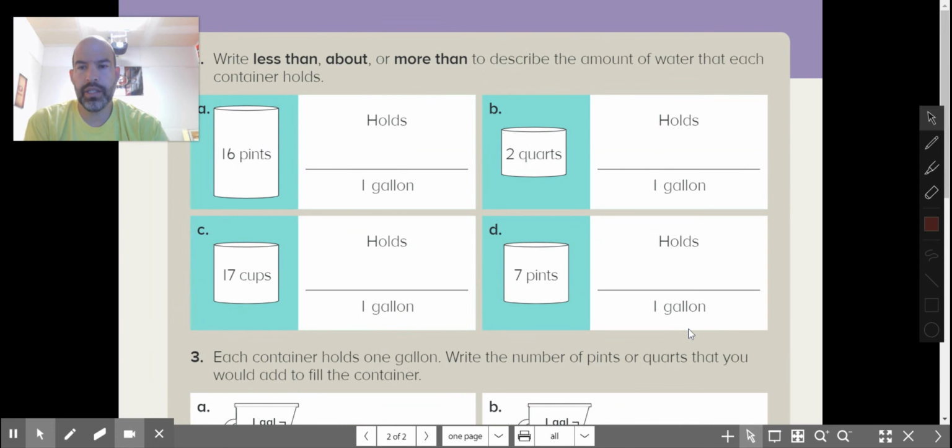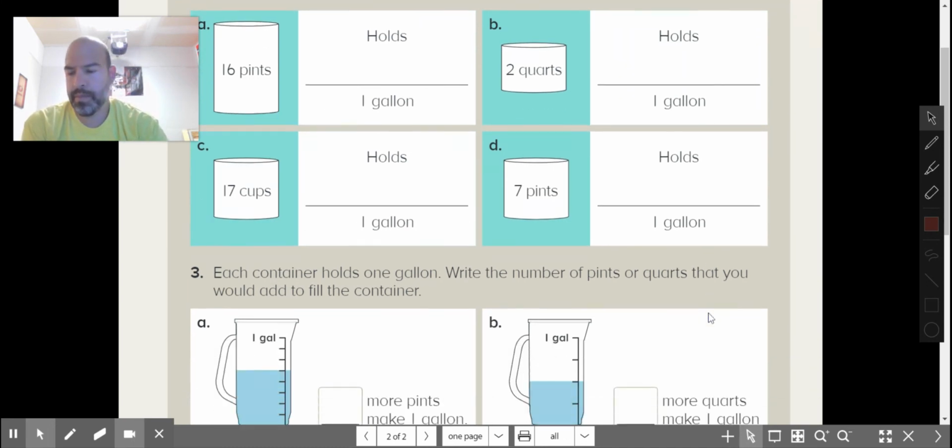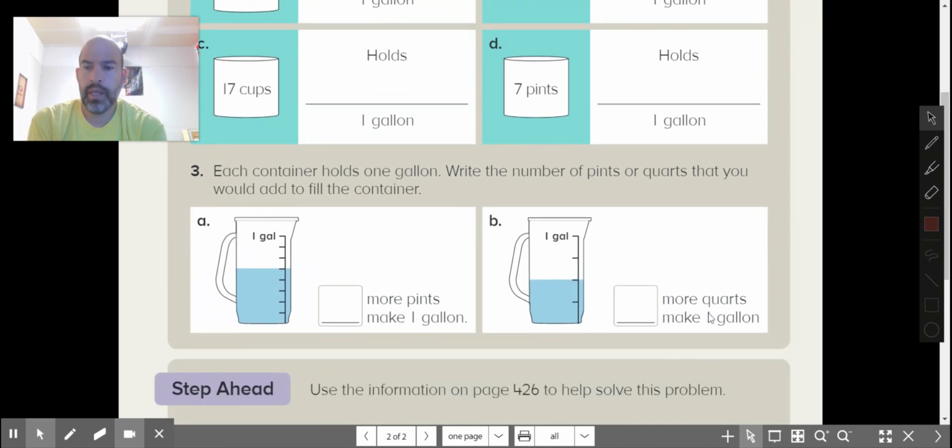On the next page, it says write less than, about, or more than to describe the amounts of water that each container holds. All right? So you can, if you want and you're able to, use some containers and do some measuring to kind of prove your answers. Feel free to do that. Down here at the bottom, it says each container holds 1 gallon.